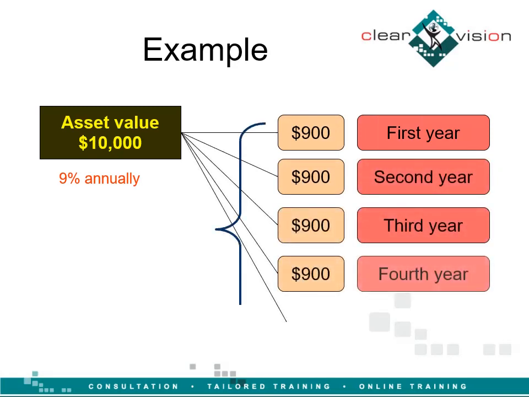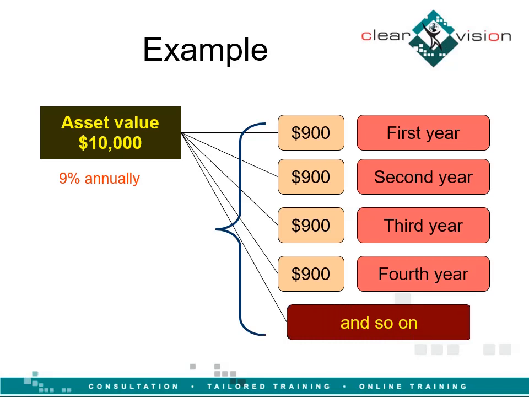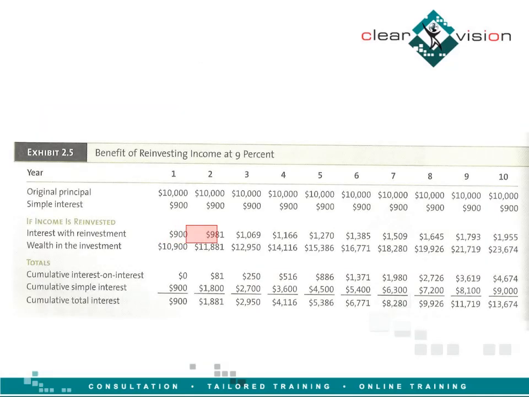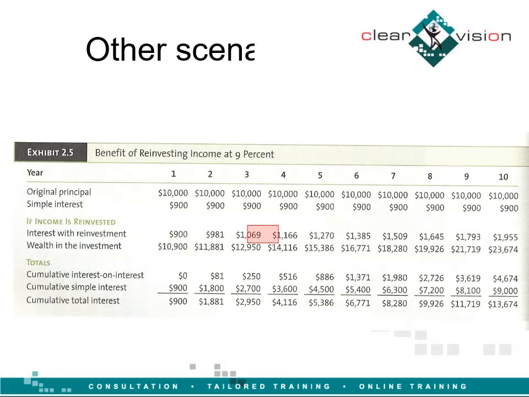This value of $900 will be earned every year as a fixed income. This income is called simple interest. Imagine now that at the end of each year, we reinvest the income of $900.